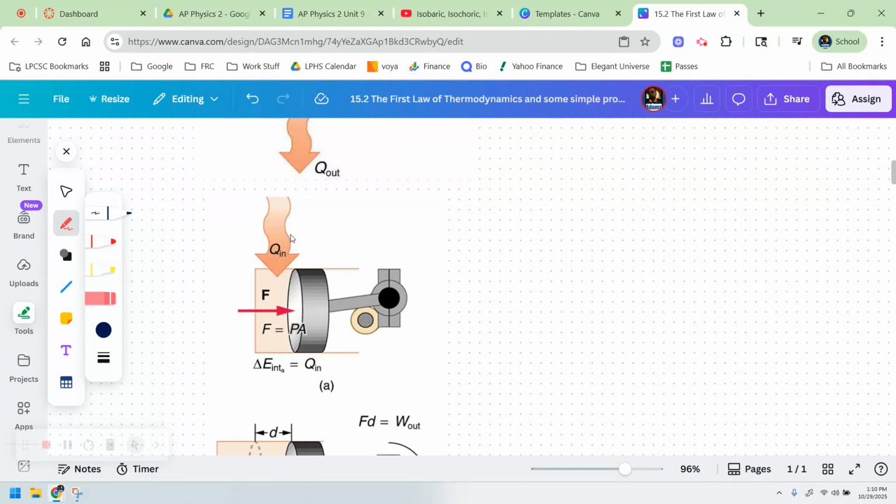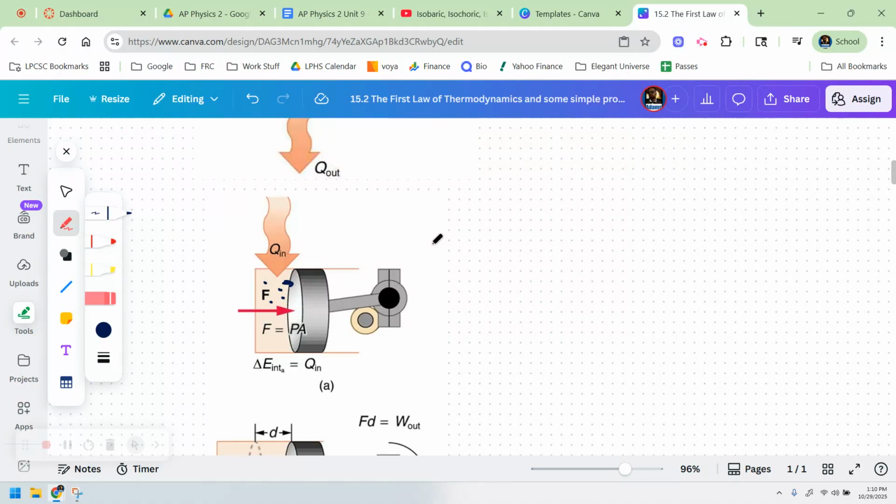Steam is a different thing too, but when you add heat into here, that increases the pressure of the gas, because the air molecules are bouncing around, and when you heat it up, they vibrate more because you're adding heat energy into the system. And when they vibrate more, they bounce off this piston. Because the piston can move, it moves out.